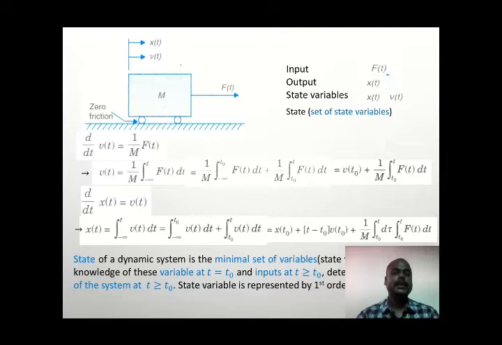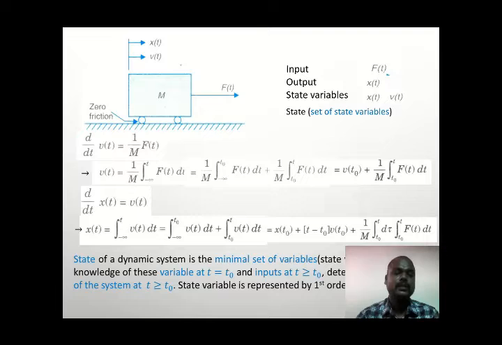The state of a dynamic system is generally represented with a minimum number of variables which could help you understand the behavior of the system over time.